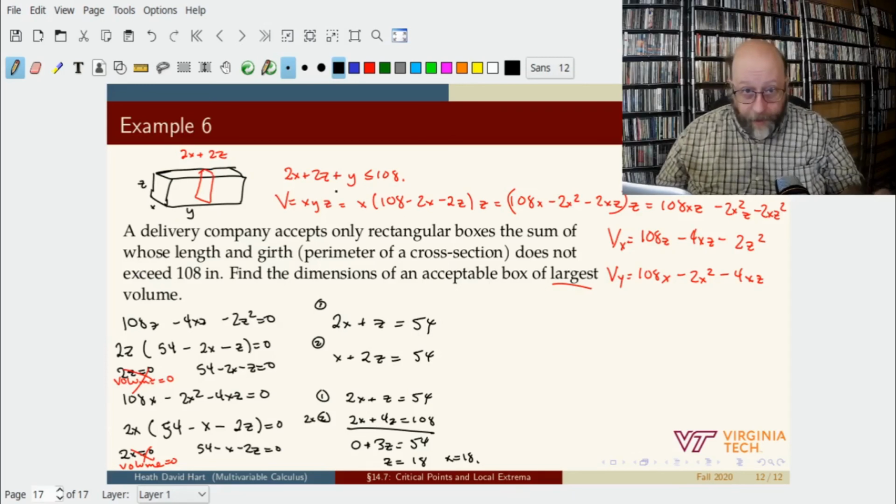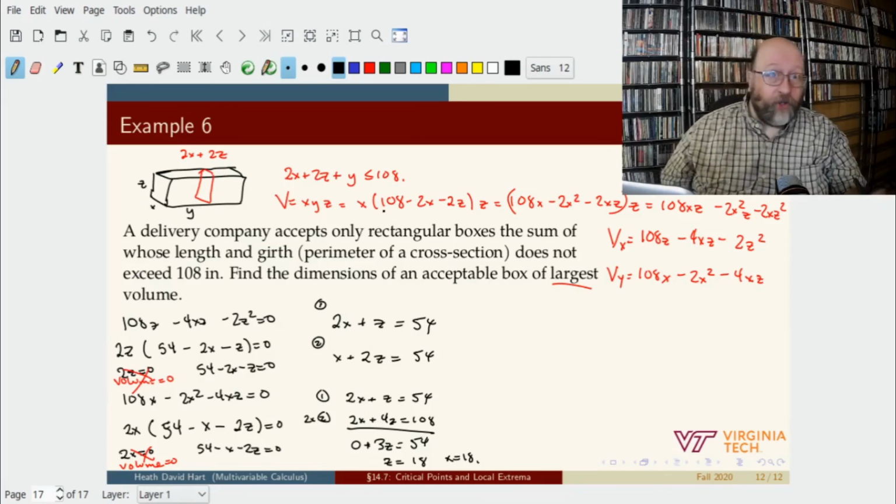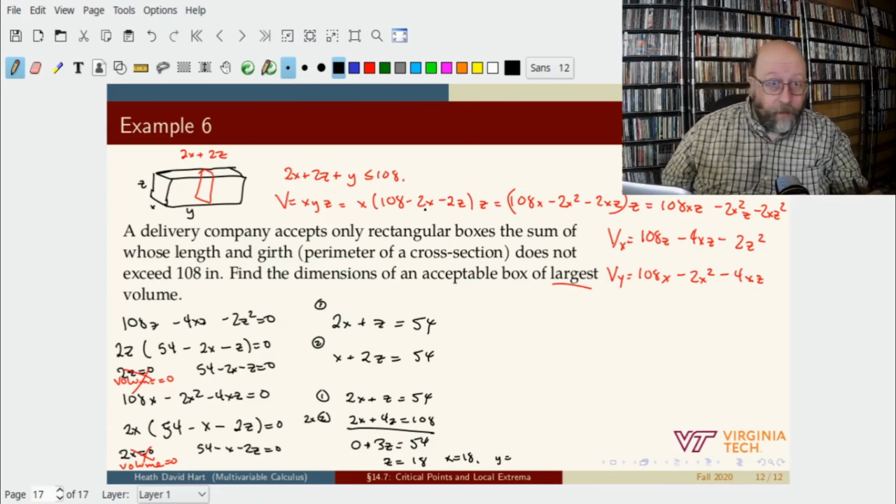And then by going back and checking here, 108 minus 2x minus 2z, y turns out to be 36. Is that right? 2 times 18 plus 2 times 18 is 72. 108 minus 72 is 36.